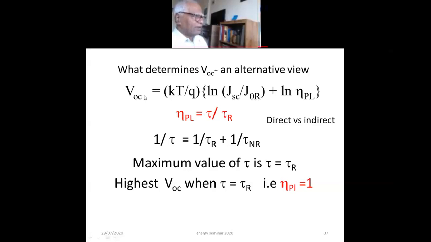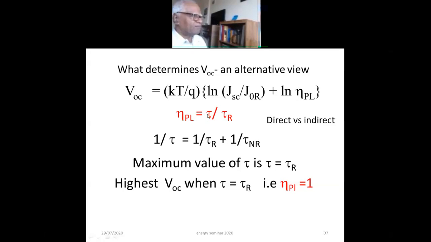So you can generally write V_OC measured is this plus log of eta PL, because when the electron and hole recombine, they have to give light. If only radiative recombination is allowed, then every recombination event gives light, and the effective tau is equal to tau_r. The efficiency of photoluminescence, one recombination event being one photon out, becomes 1, and log 1 is 0, and that is the maximum open circuit voltage you can hope to get.